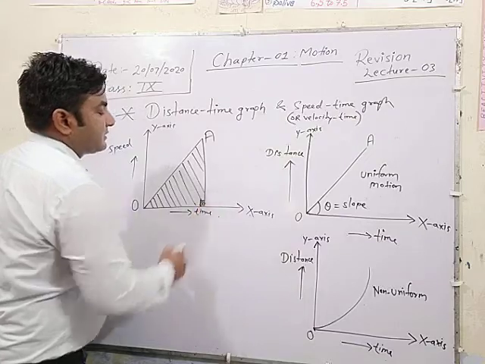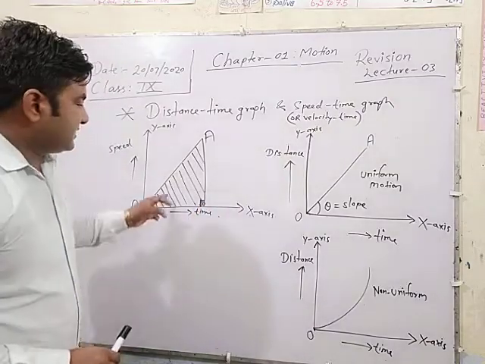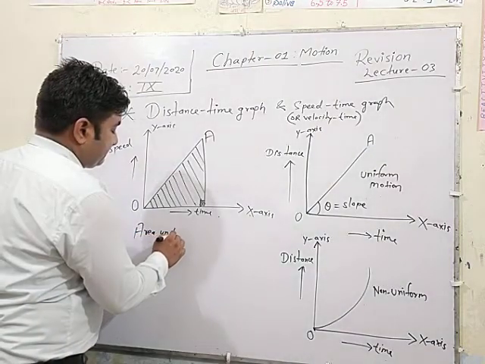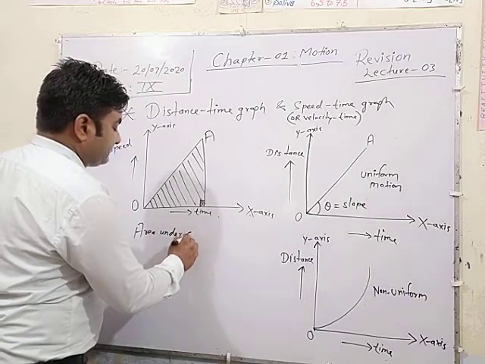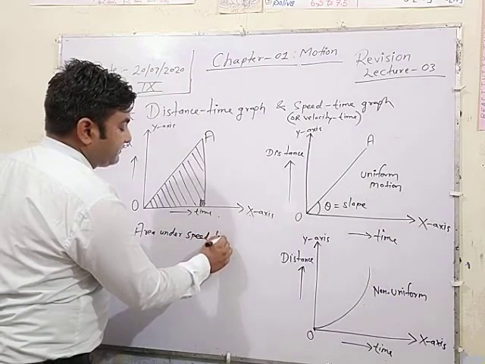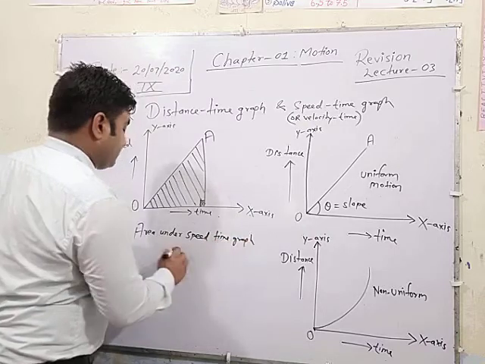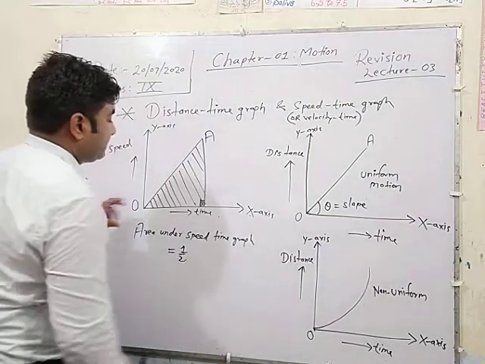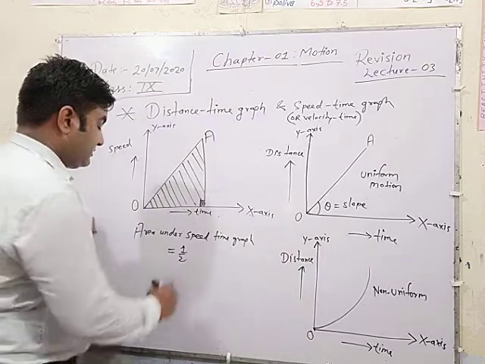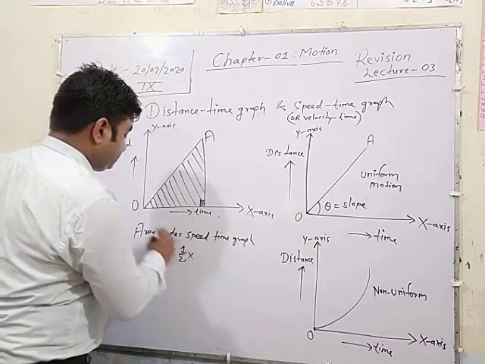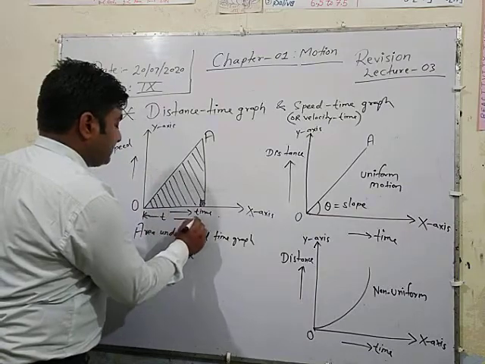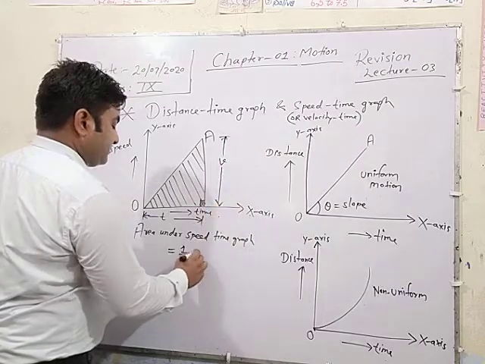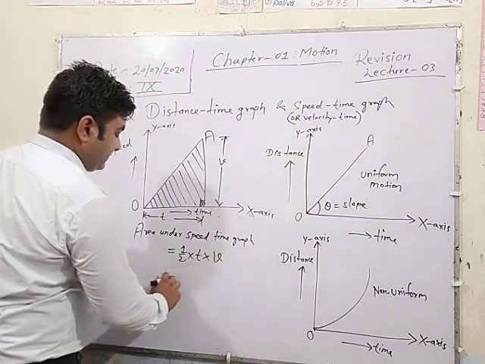When we calculate the area under the speed time graph, it is equal to the triangle area, 1/2 base multiplied by height. The base means time. Suppose the time here is t and the speed here is v. So it is 1/2 times t times v.